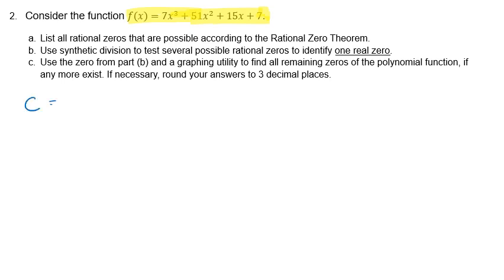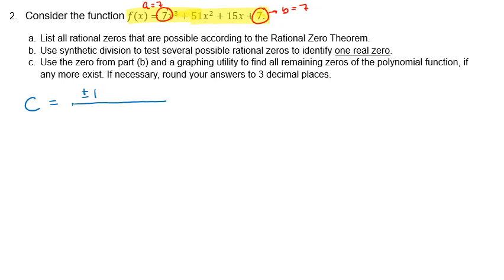Our possible values of c that will be zeros of this function have to be some factor of 7, that's the b, over some factor of 7 again, so we have the same number for a and b, so a is 7, also b is 7. So what are the factors of the number 7?